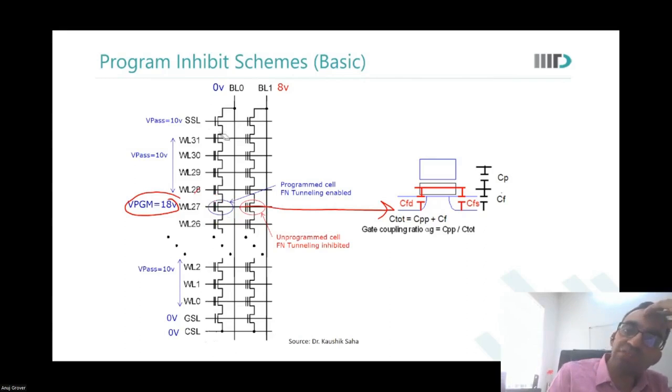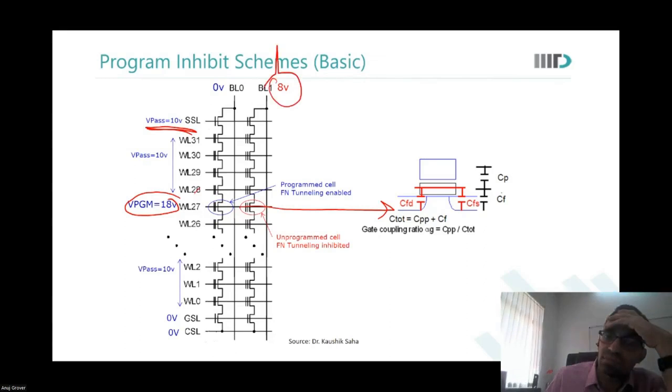You say that I will apply a different voltage on V pass, and a different voltage on the bit line. If you apply a different voltage on the bit line, what happens?